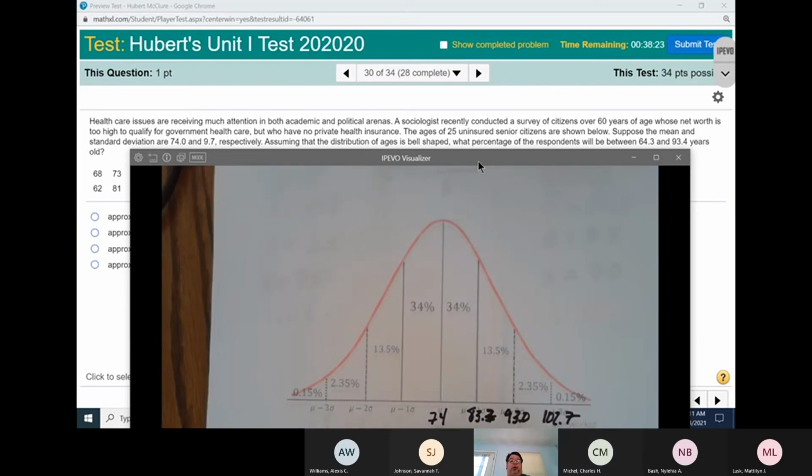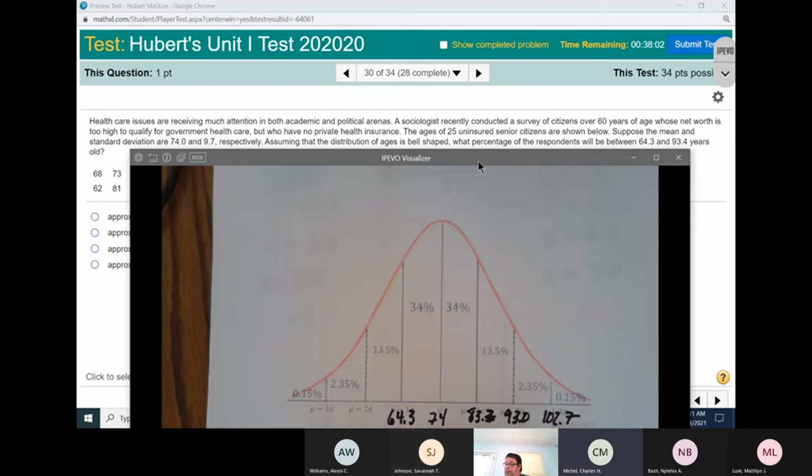Okay, 74 minus 9.7 would be 64.3, I believe. Somebody check me. I may be going backwards. What is 74 minus 9.7? Yes, sir, you're right.